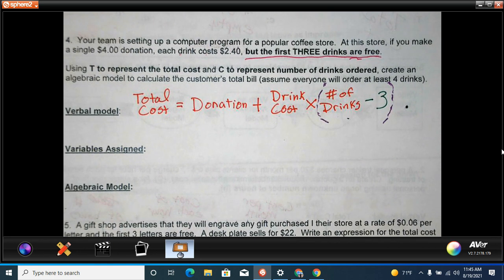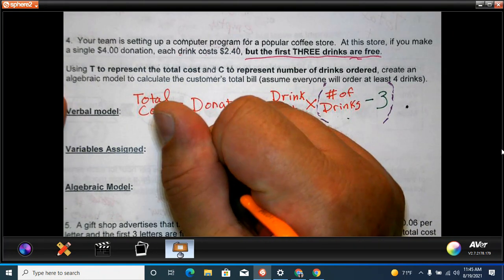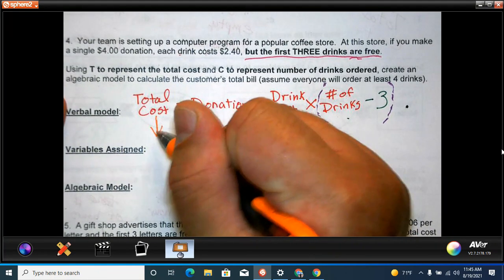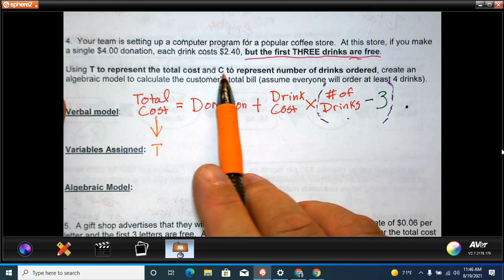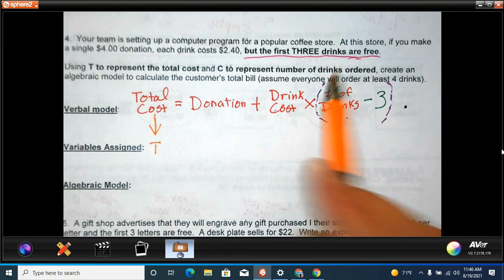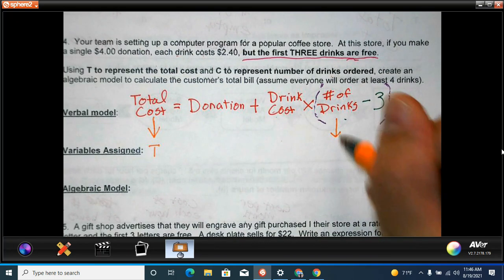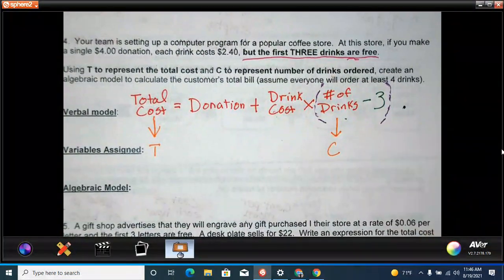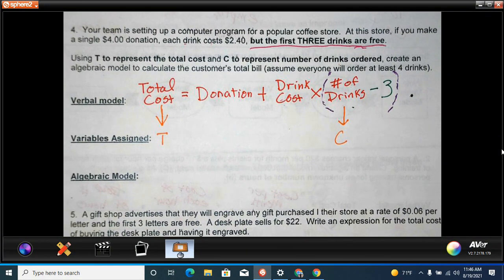So let's assign our variables, and I think they told us, didn't they? T is going to represent the total cost. So here's my T. And C to represent the number of drinks ordered. So this is going to be my C, the number of drinks. Okay. Should make our algebraic model pretty easy then.